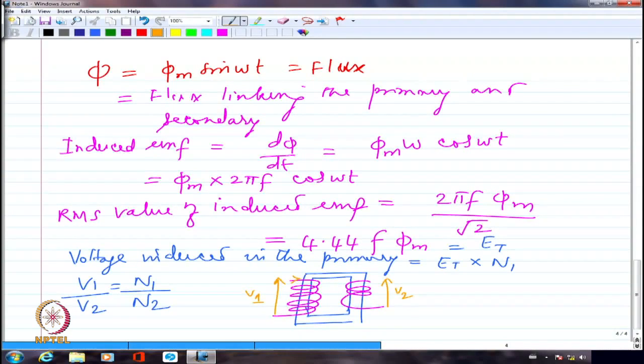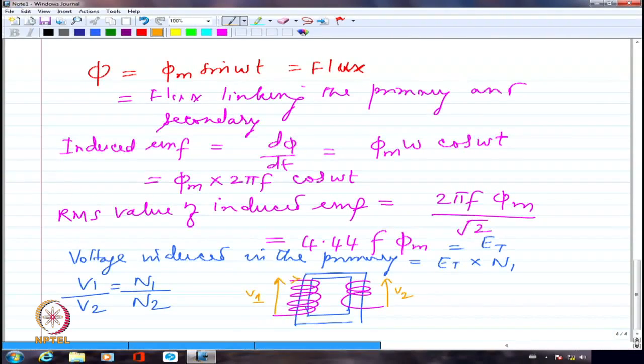And what is drawn by the primary here is only the current that is required to establish the flux. Nothing more than that. If I want to establish a nominal flux, I might require a very, very small amount of current because the core has high permeability, right? So the current drawn by the transformer when the secondary is open circuited is known as the no load current.